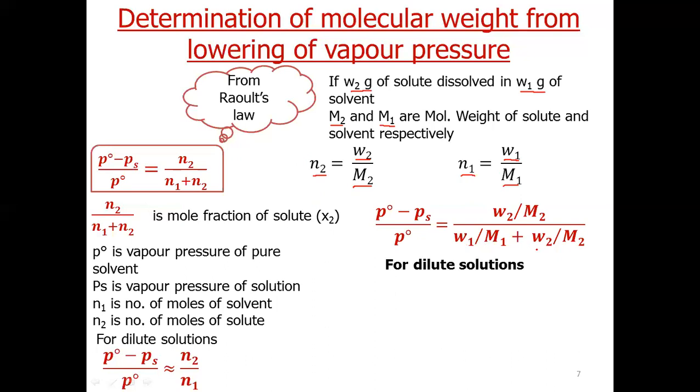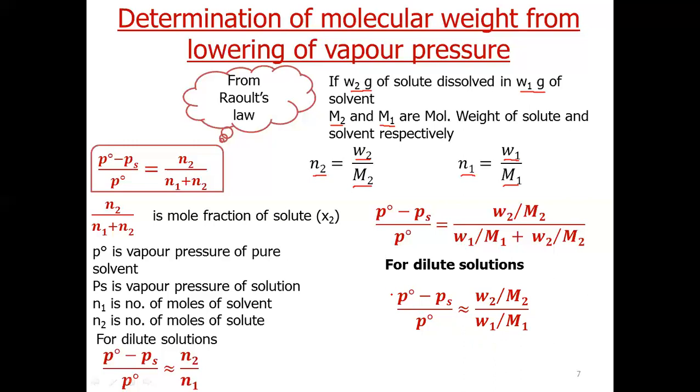But as I mentioned, the colligative properties are characteristics of dilute solution. So for dilute solution, P naught minus Ps by P naught is approximately equal to W2 by M2 divided by W1 by M1.